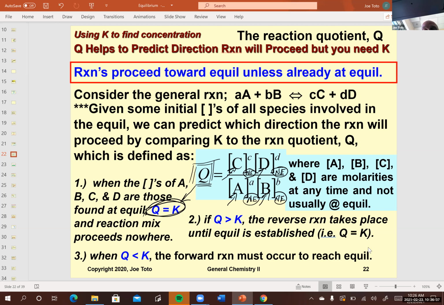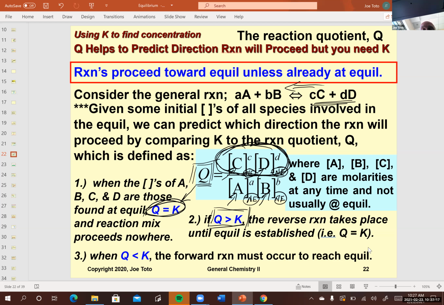Now, if I compare Q to K and Q is larger, that means this numerator is larger than it would be in an equilibrium situation. That's the only time I would get a Q equal to K. And if this is larger than it should be compared to equilibrium, then I know that this reaction has to shift to the left to reach equilibrium until Q equals K, and then I reach equilibrium.